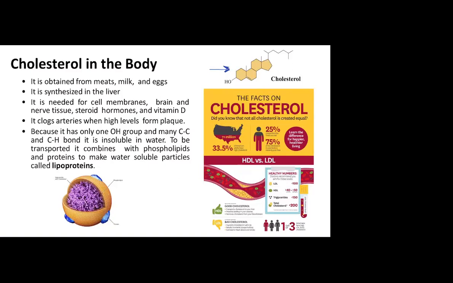It's more fluid, not completely liquid. We need cholesterol for the brain and for nerve tissues. It is important for the synthesis of steroid hormones, and it is also needed for synthesizing important fat-soluble vitamins like vitamin D.